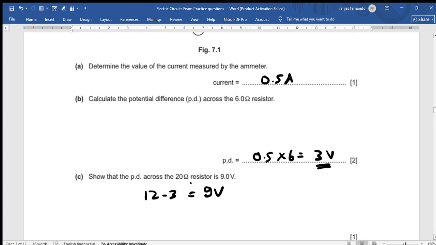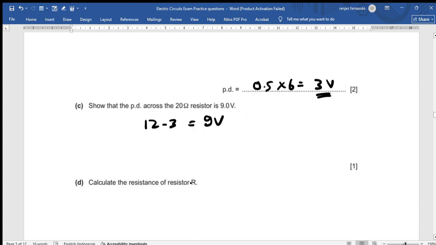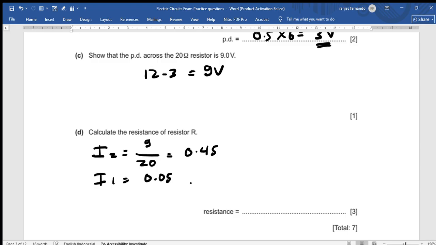Calculate the resistance of the resistor R. Of course, this is the current flowing here. We have to find I2 first. I2 is equal to 9, which is voltage, divided by 20, which is the resistance. So 9 divided by 20 is 0.45. Of course, I1 is equal to 0.05, because 0.5 minus 0.45 is 0.05.